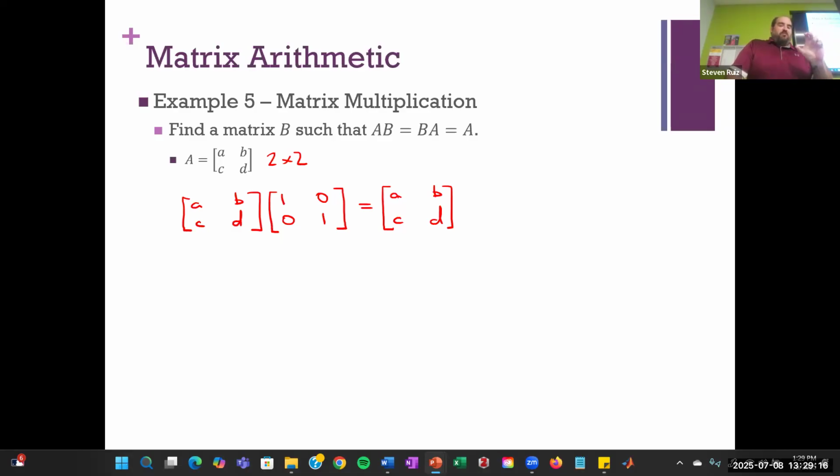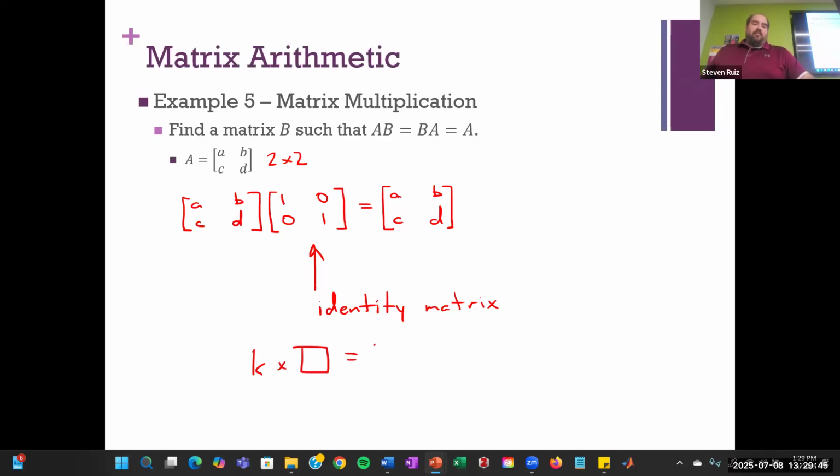So this special matrix that we just wrote down, is this something you've seen before? This thing right here is called the identity. You probably haven't thought about it in a while, or maybe you've never thought about it, but in real numbers there's always an identity. If I give you a real number k, there's something I could multiply it by that always gives you k.